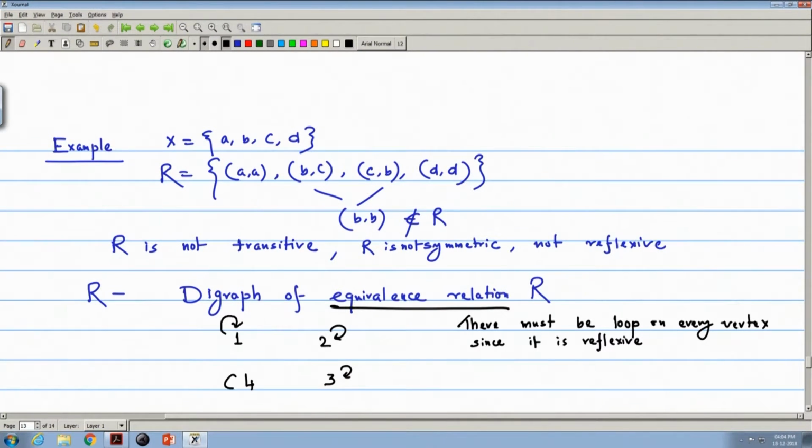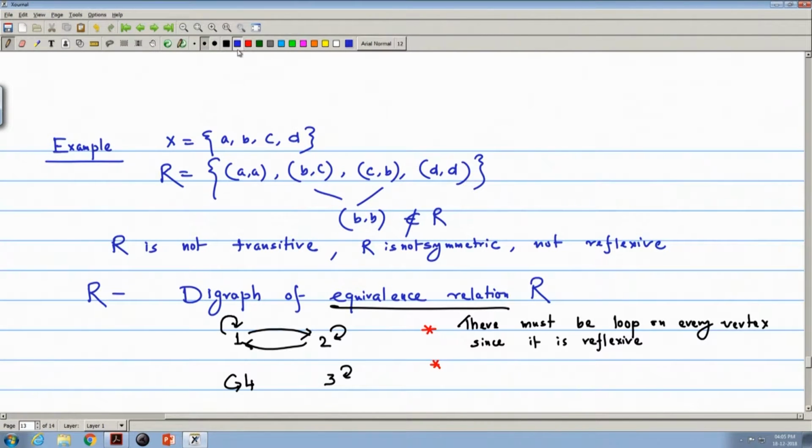So, this is one. Now, if it is symmetric, that means if there is an edge from x to y, then there must be an edge from y to x.